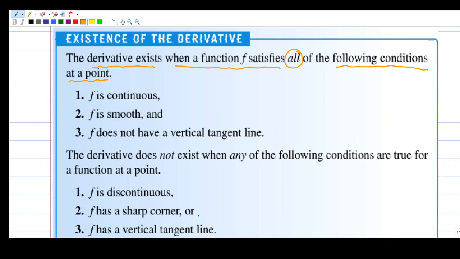One, right? So we want to satisfy all three conditions. The first condition is f is continuous. The second condition, f is smooth. In other words, there is no sharp part to the curve at A. And the third condition, f does not have a vertical tangent line.